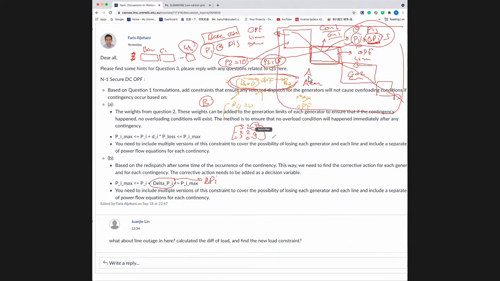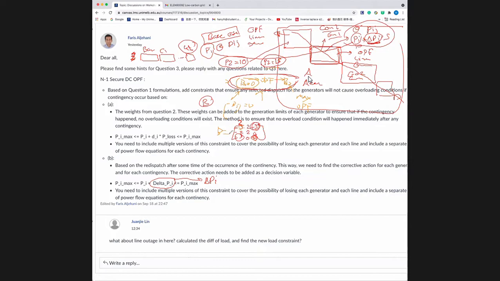So this one will be 0, and this one will be 0. Then the summation of them, you need to remove it from the diagonal elements. Here, here, and here. So this will be 0, and this will be 2. So just changing the B matrix.